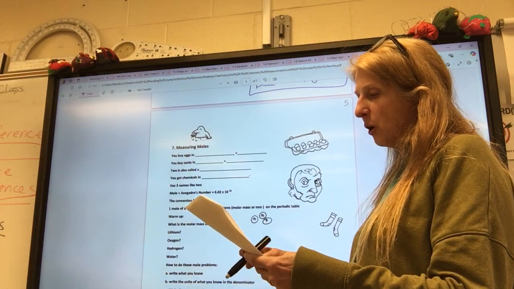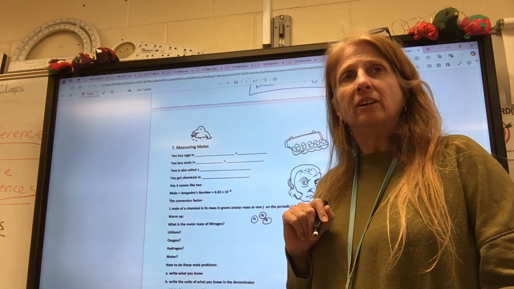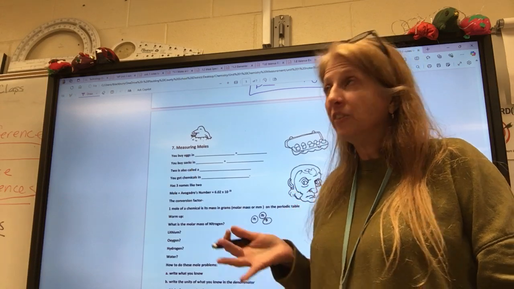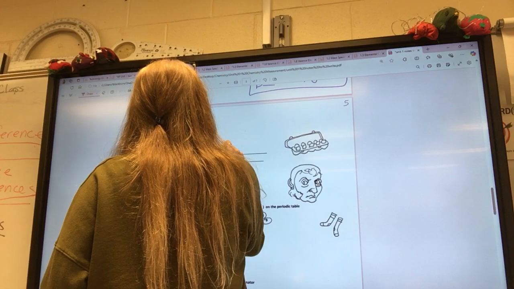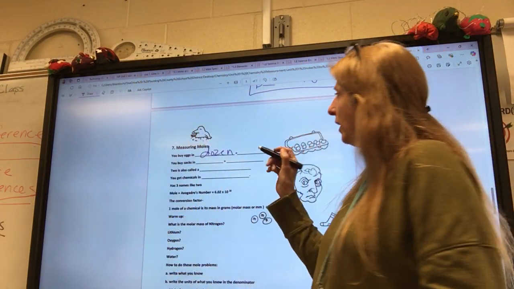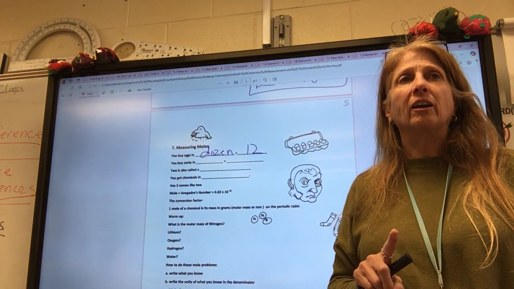So, measuring in moles. When you buy eggs, what unit do you buy eggs in? This isn't tricky. Go to the store and buy a dozen eggs, right? And so dozen is a word that means a number. What number does it mean? 12. What do you buy socks in? Do you buy one sock?